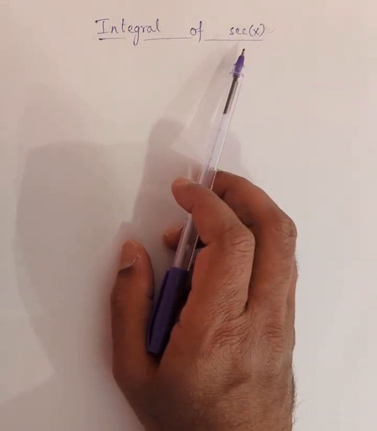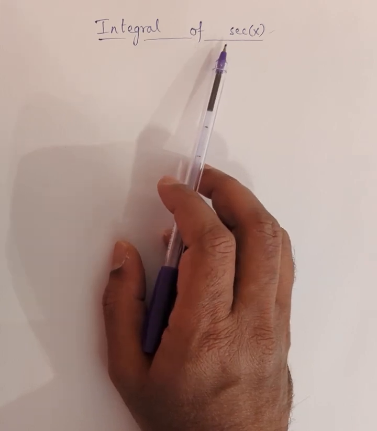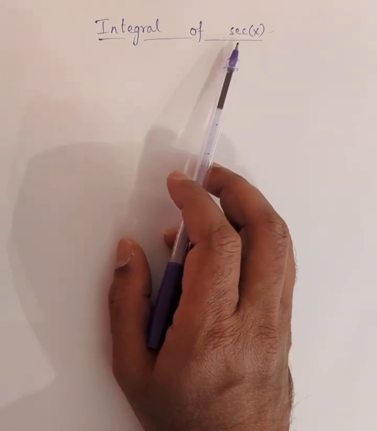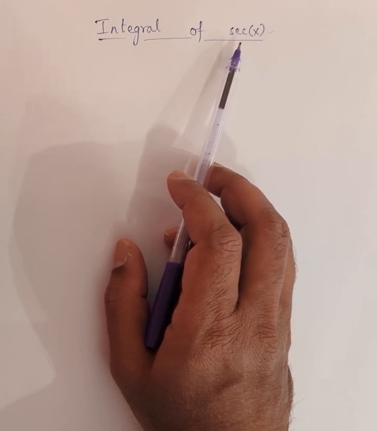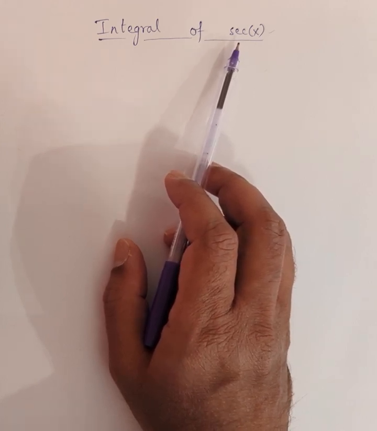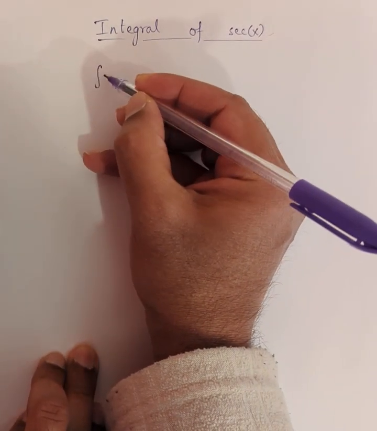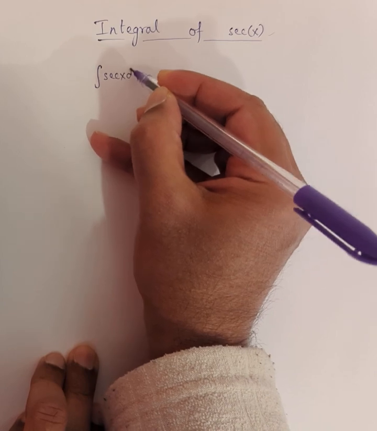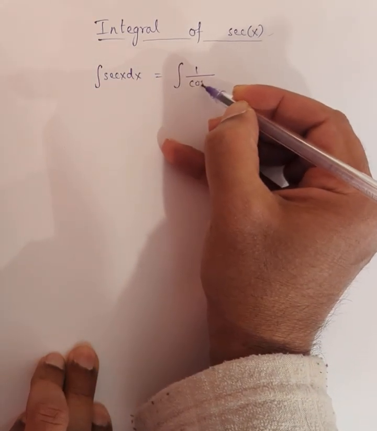Integral of secant x. A lot of times in trigonometry and calculus, you're asked to convert everything to sines and cosines if possible. So you might think that if I want to integrate secant x, I could write this as 1 over cosine x.